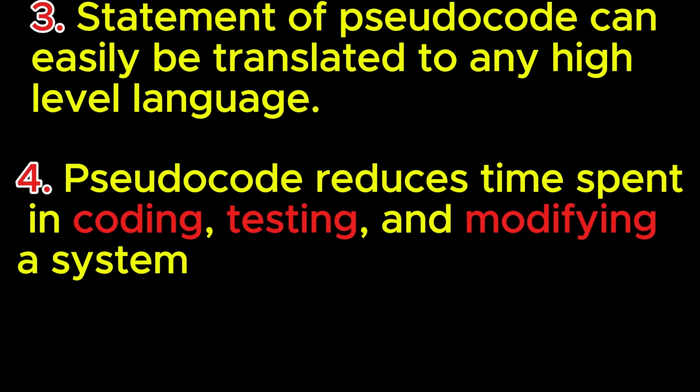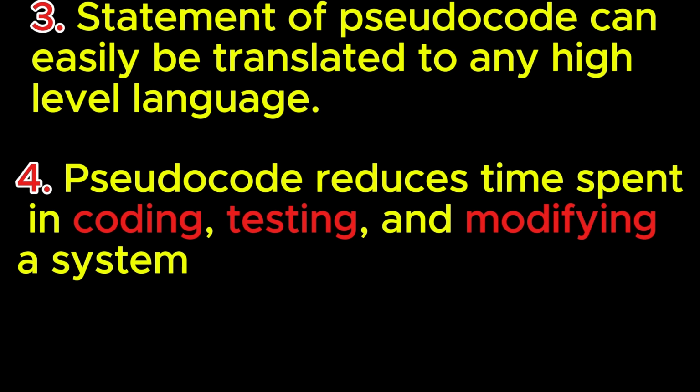The third advantage is that statements of pseudocode can easily be translated to any high-level language. We have seen that pseudocode can be translated into a high-level language easily because, as I told you, some keywords are directly related to keywords in high-level programming languages. For example, set somewhat corresponds to a declaration in a C++ program, so it is easy to translate into a high-level programming language.